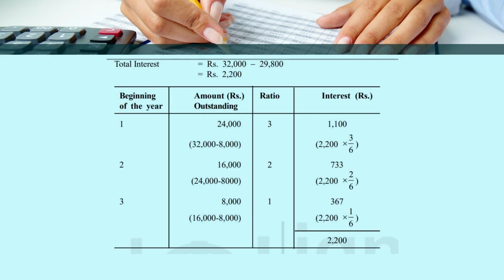That way, out of 2,200, rupees 1,100 were included in the first year installment, rupees 733 in the second year annual installment of 8,000, and rupees 367 as interest in the third year installment of 8,000. This is how we can calculate the amount of interest included in the annual installment.